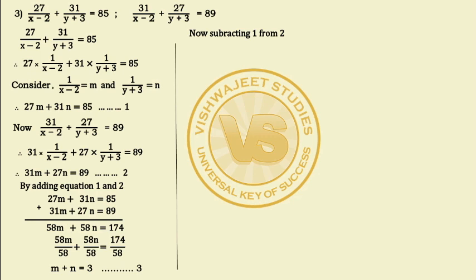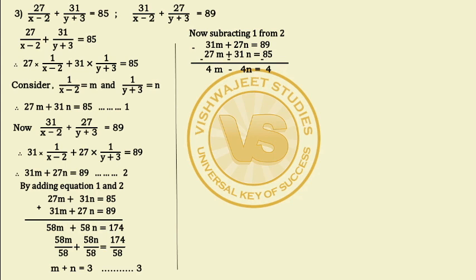We are going to take the subtraction of equations number 1 and 2. So, subtracting equation number 1 from 2: 31m plus 27n is equal to 89, minus 27m plus 31n is equal to 85. By changing the signs of the second equation, 27 having a positive sign becomes negative, 31 also becomes negative, and 85 also becomes negative.